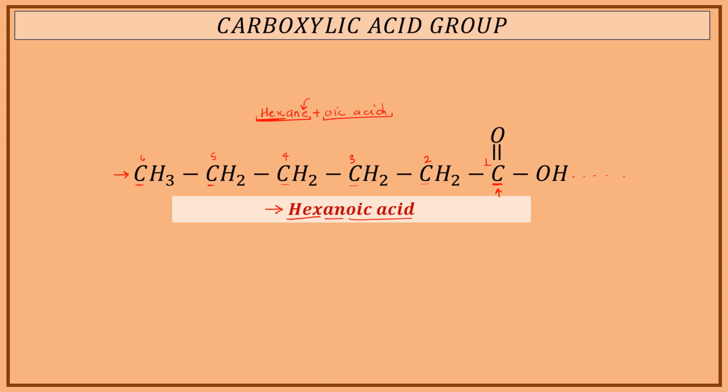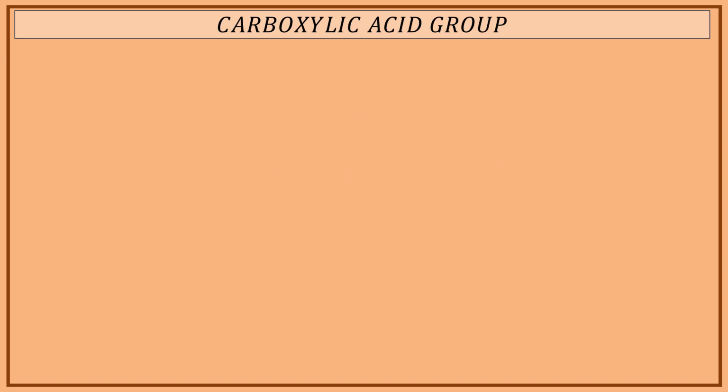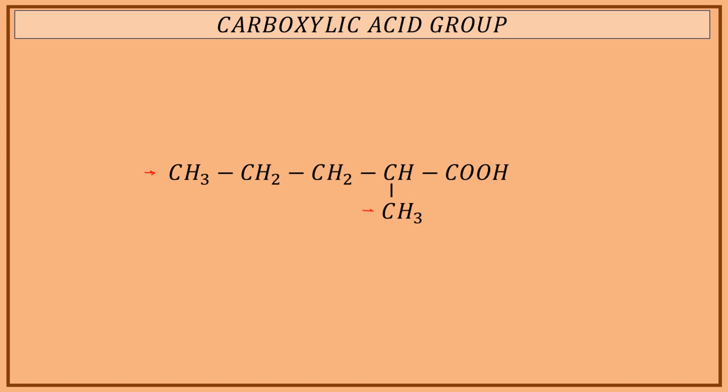Okay, so let us see some more examples to understand it better. In this example, we have included a substituent as well in the parent chain of the carboxylic acid. Again, we have to write the name of a substituent along with its position.